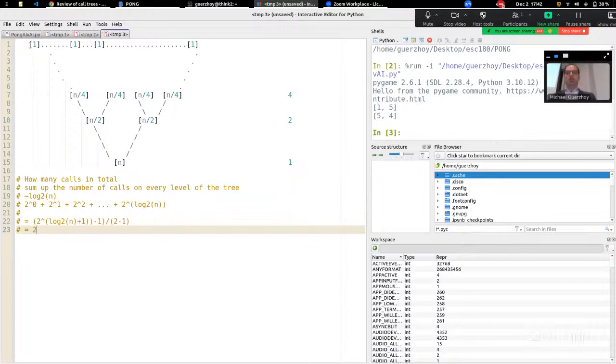That equals 2 times 2 to the power of log 2 n. The power and log cancel each other out, so that's just 2n. The unit here is calls, so this is big-O. Make sense?